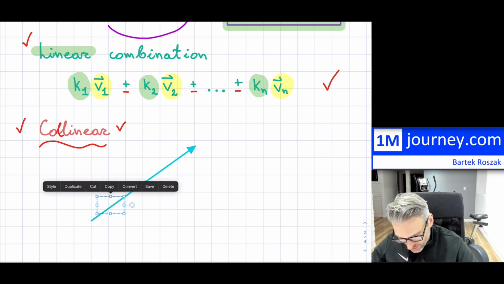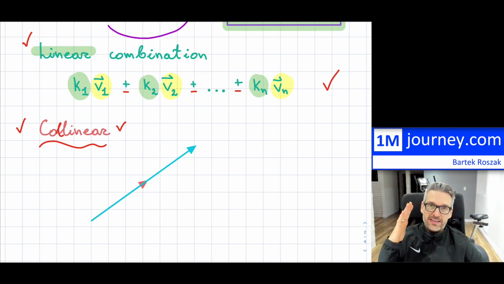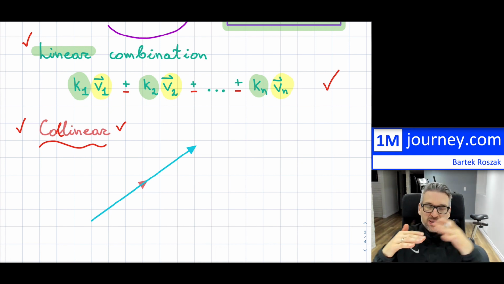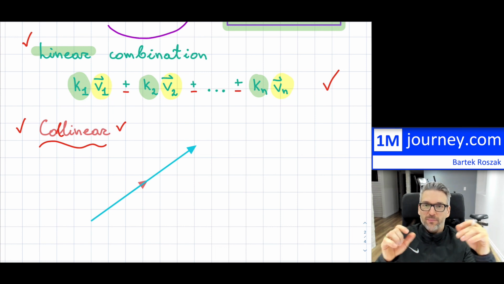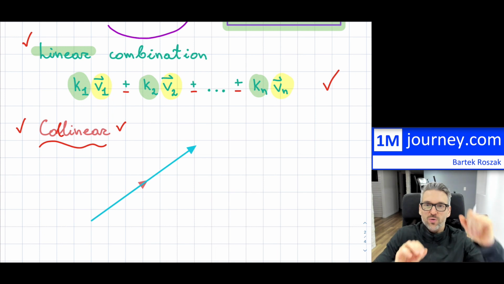If you take them on top of each other, as so, notice the red one actually disappears behind it. That is called collinear: they're in the same direction and they're on top of each other. They don't have to be the same magnitude, but they are actually on top of each other. So you have two vectors that are collinear.